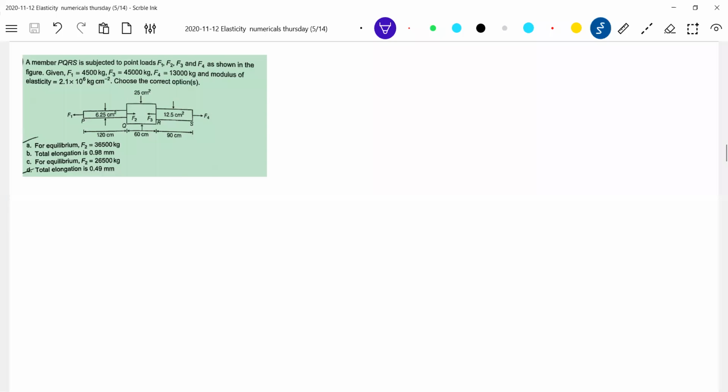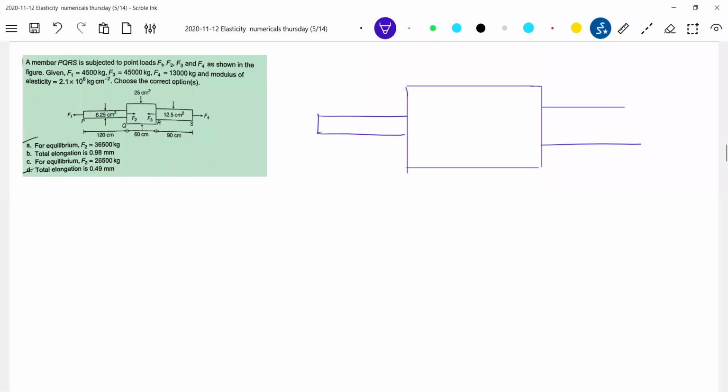Same method again. Are you seeing the diagram? So let me explain. Let me put the diagram first. Read the question properly.